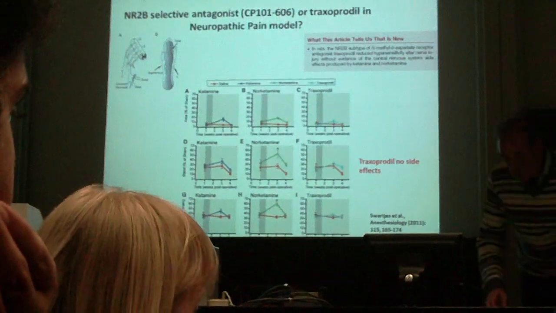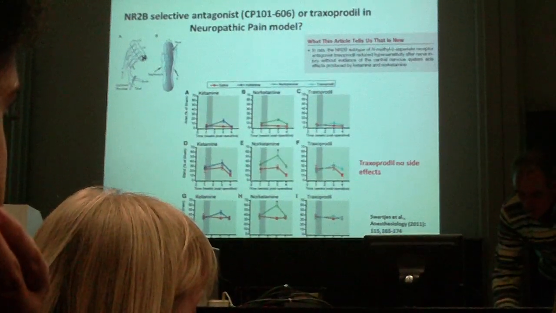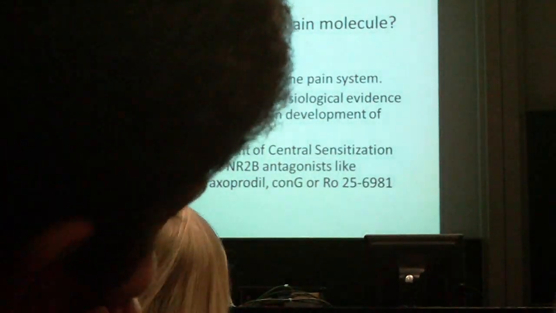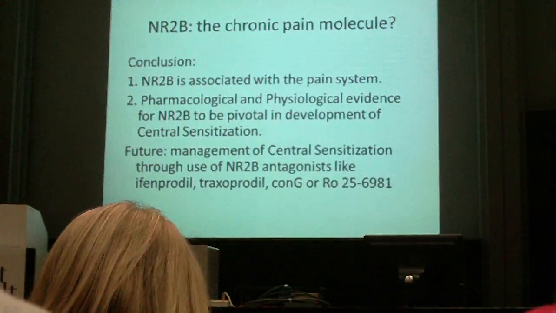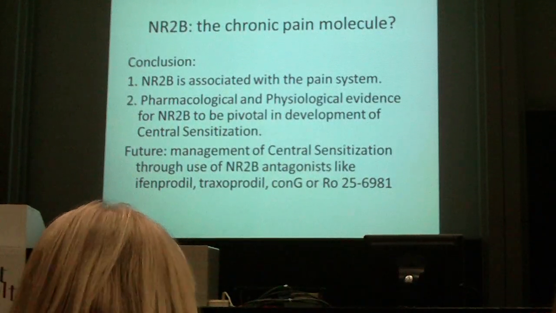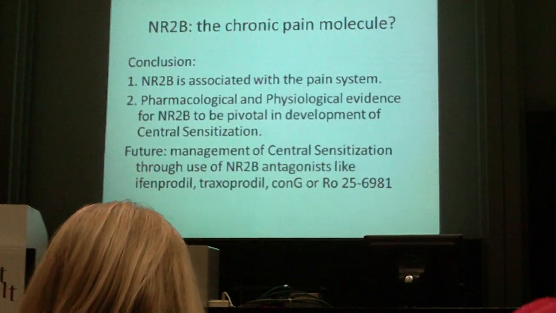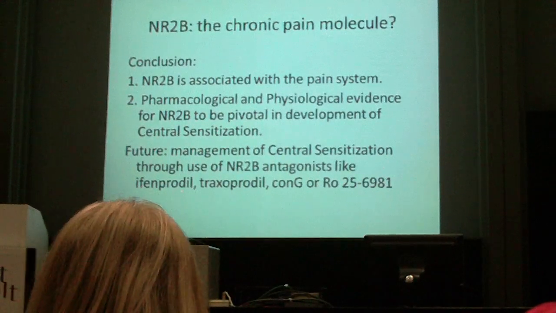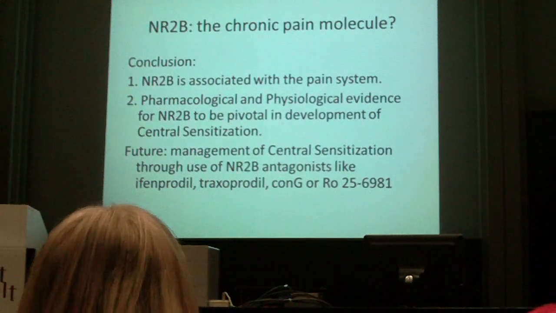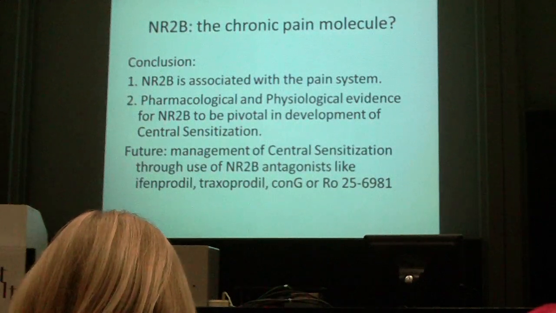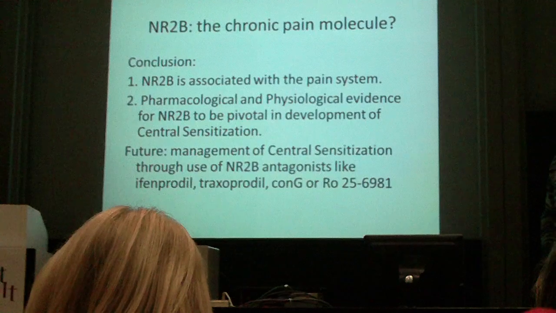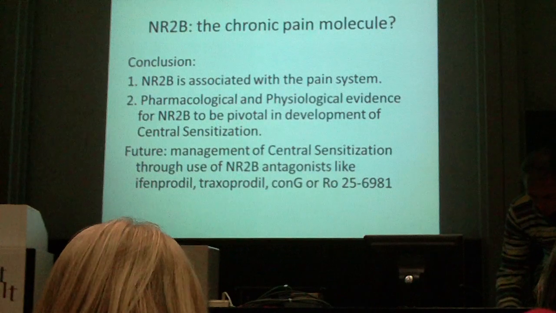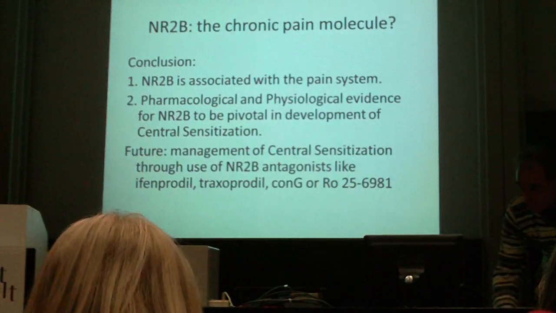So these drugs selectively block the NR2B and have an effect, as I showed you, pharmacologically and physiologically, on the central sensitization, and they are now in use for modulating this process. Molecules like ifenprodil, traxoprodil. There's a huge interest of pharmacological companies in these drugs because they don't show the side effects as shown with ketamine and the more non-competitive drugs.